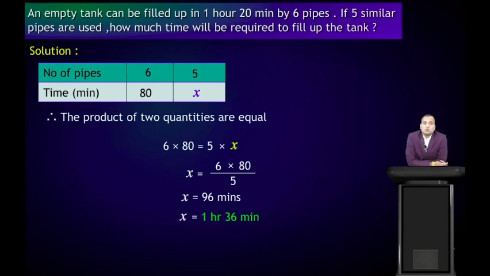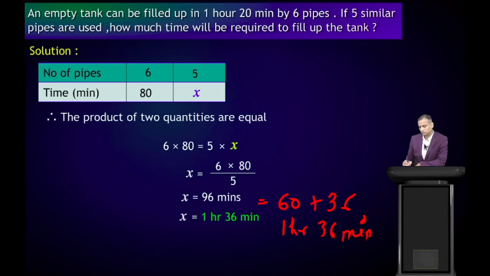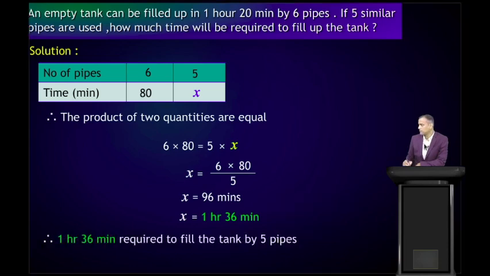We will change this into hours: 60 plus 36, or 1 hour 36 minutes. One hour 36 minutes is required to fill the tank by 5 pipes.